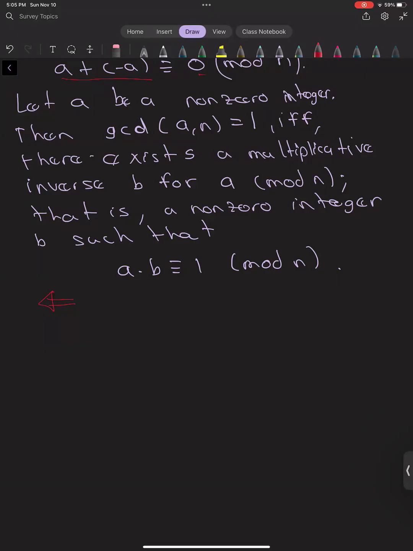Let me define, remember the theorem, okay? I don't think we covered that. So theorem: let a and b be non-zero integers.